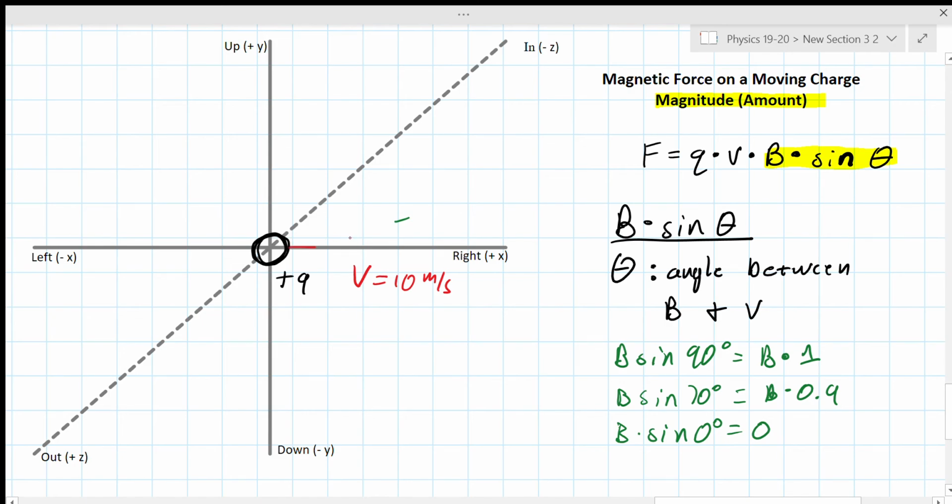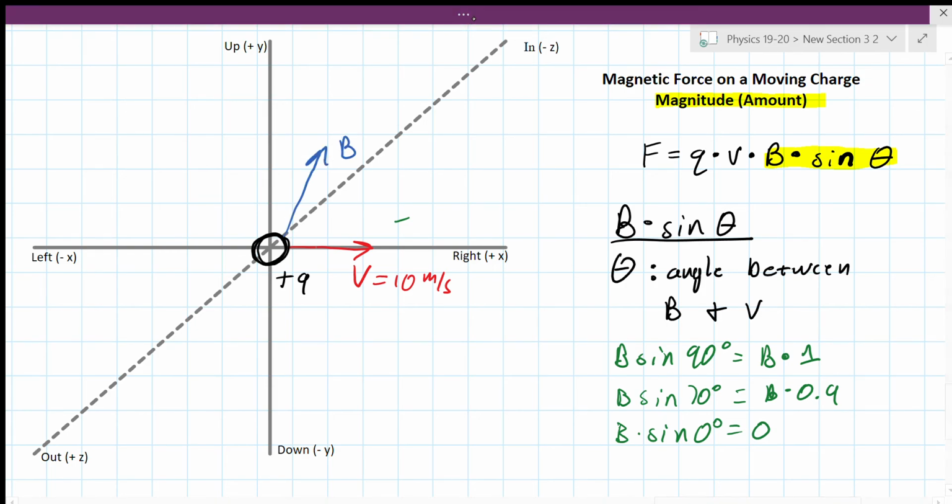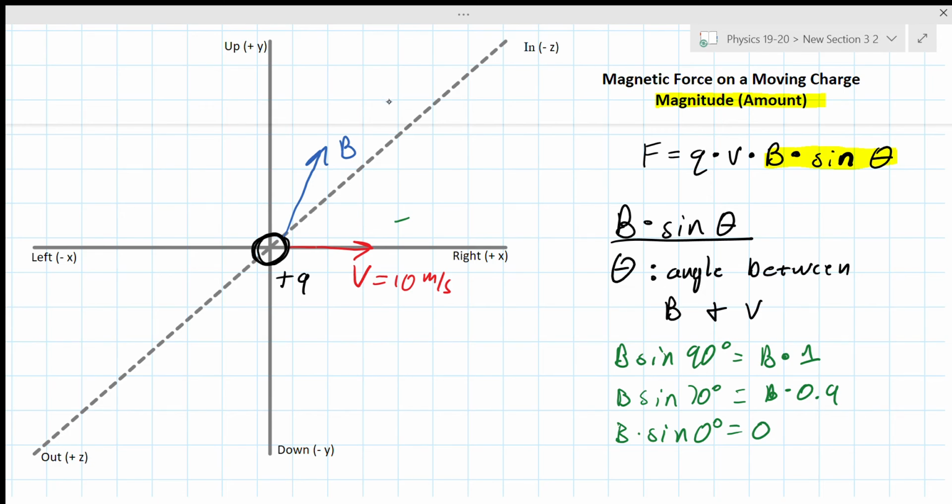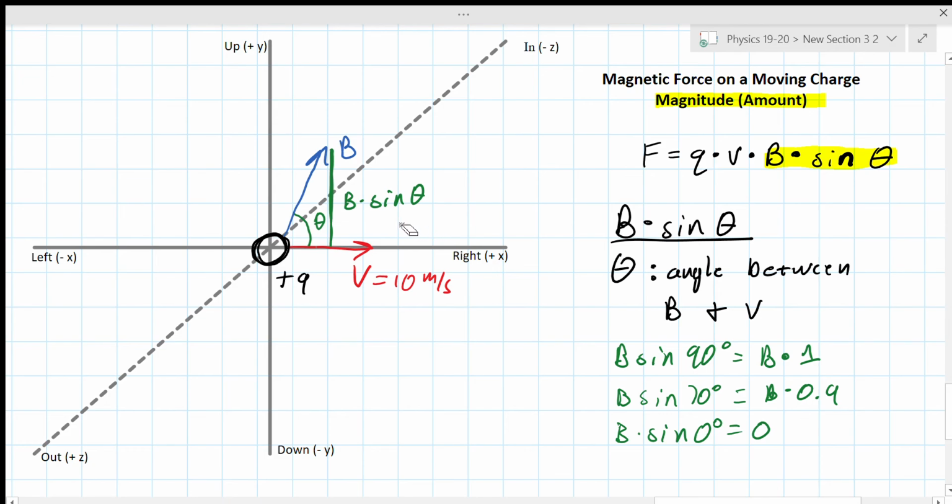That's all that matters. So if you have B at some angle like this, we don't care about the full value of B there. We only care about B sine theta, which gives you the component of B that's perpendicular to the velocity.